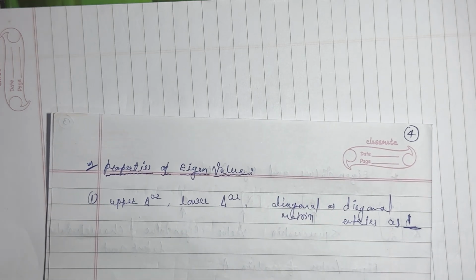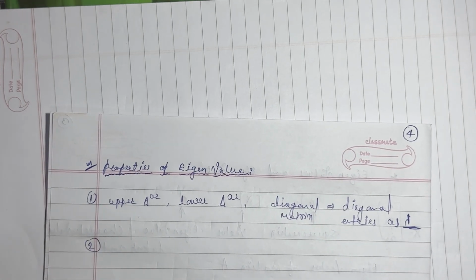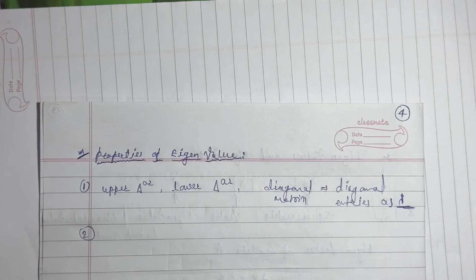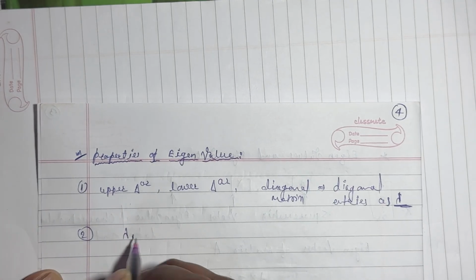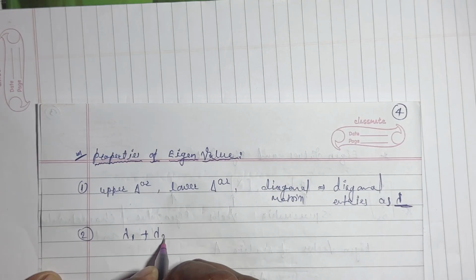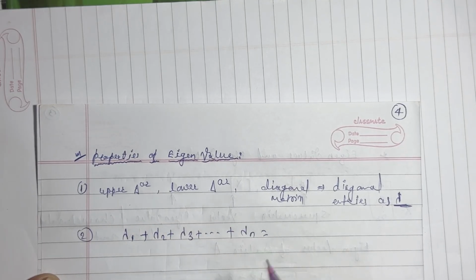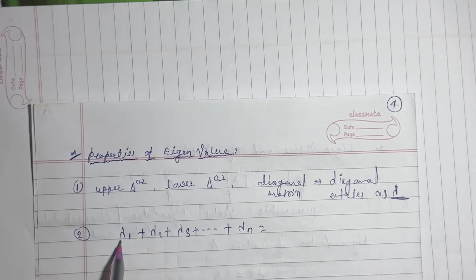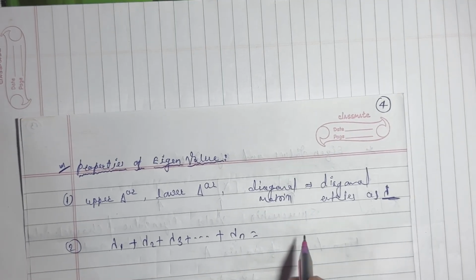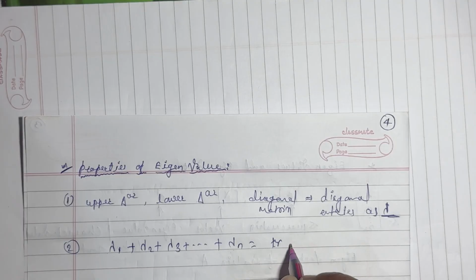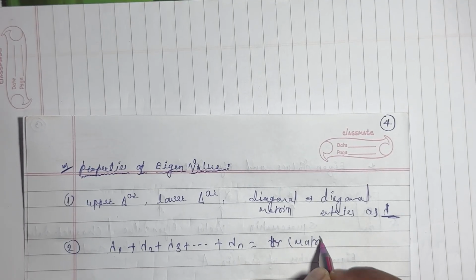Now the next very important property for eigenvalues. Whenever we add all of the eigenvalues, consider lambda 1 is the first eigenvalue, lambda 2 is the second, lambda 3 is the third, and up to lambda n, the n eigenvalues present for the matrix. Whenever we add all the n eigenvalues, we get the trace of the matrix.